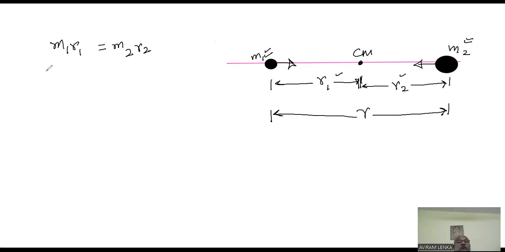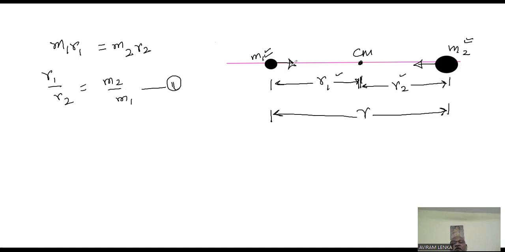So R1 by R2 will be equal to M2 by M1. That is the position of the center of mass. So we continue with our story.